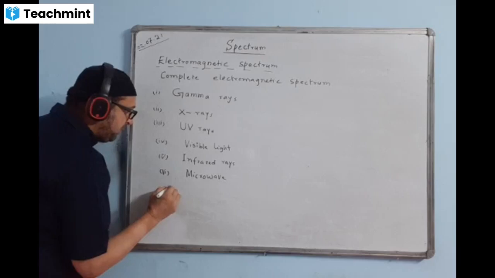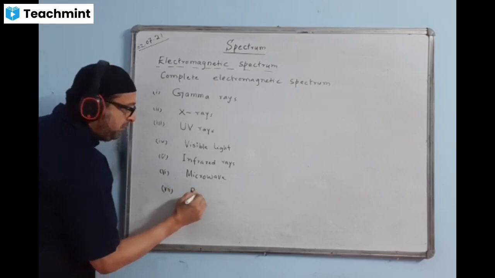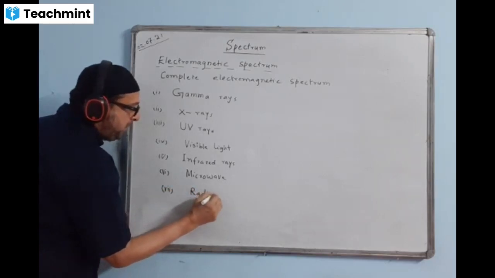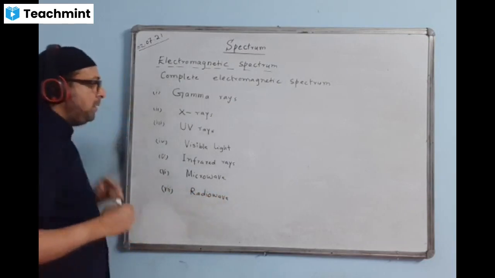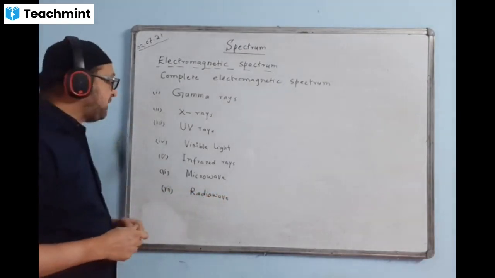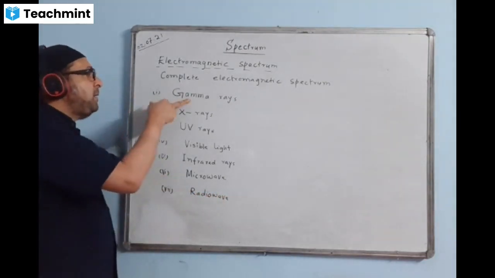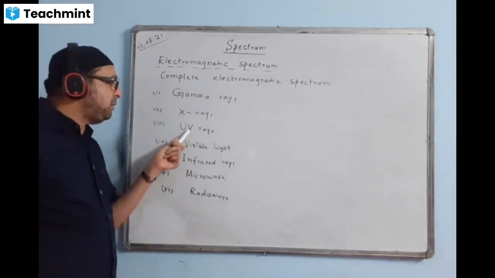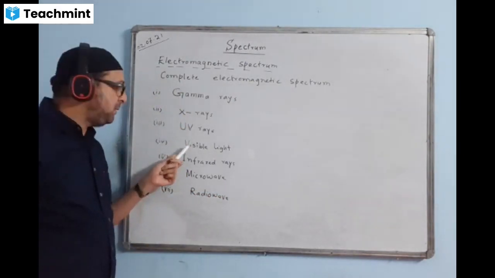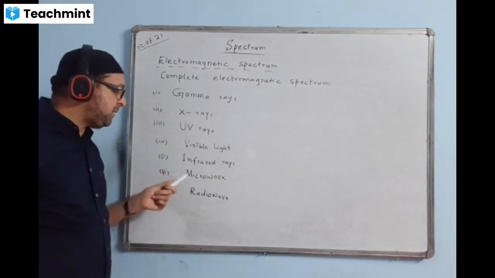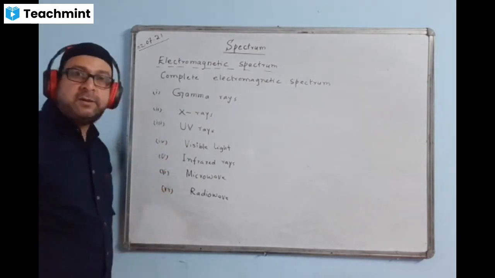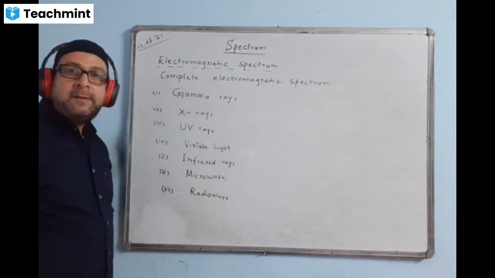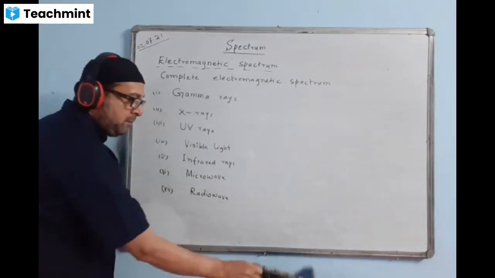And the seventh one is called radio wave. So there are altogether 7 of them, starting with the gamma, coming down. Gamma rays, X-rays, UV means ultraviolet rays, visible light, infrared rays, microwaves, radio waves. Please put them in order.